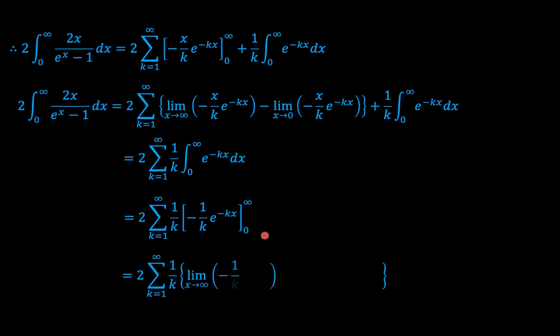When x tends to infinity, this exponential part goes to 0, and when x tends to 0, this exponential part tends to 1, so we're left with negative 1 over k, and times this minus sign, it becomes positive. So essentially, our blue integral results in 1 over k times 1 over k, which is 2 times the summation of 1 over k squared.